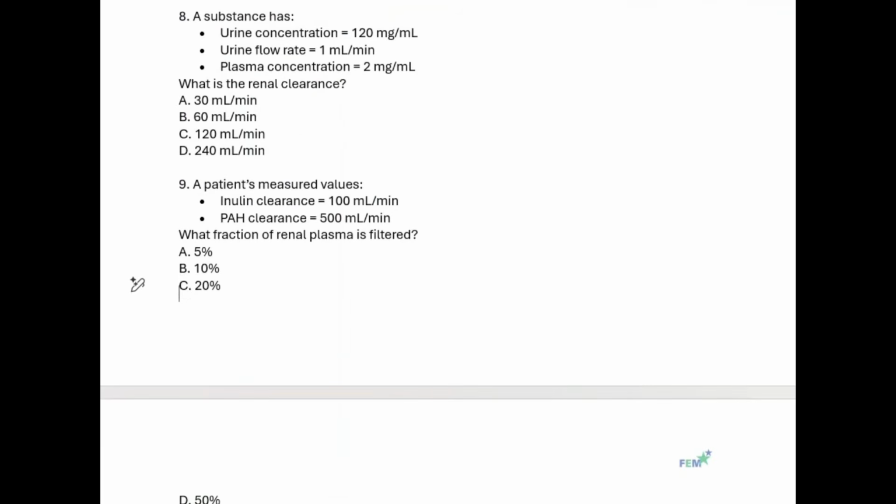The next question there, which is question A. A substance has a urine concentration of 120 and a urine flow rate of 1 milliliter per minute, and the plasma concentration is 2 milligram per ml. What is the clearance? As we know, the clearance equals the excretion rate divided by the plasma concentration, and the excretion rate is urine flow rate multiplied by the urine concentration of that substance.